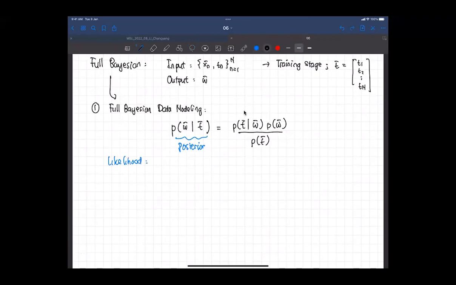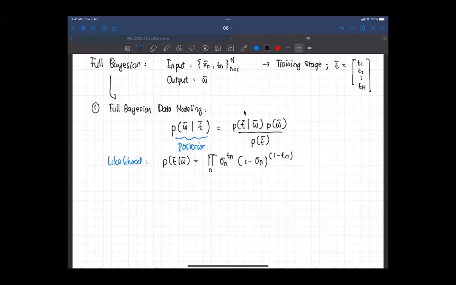For the likelihood, we have P of T bar given W bar equals what? Remember, anyone? We discussed this for MLE. If you don't remember, that's fine. It is the product over n of sigmoid n to the power Tn, times 1 minus sigmoid n to the power 1 minus Tn. So this is called the likelihood.